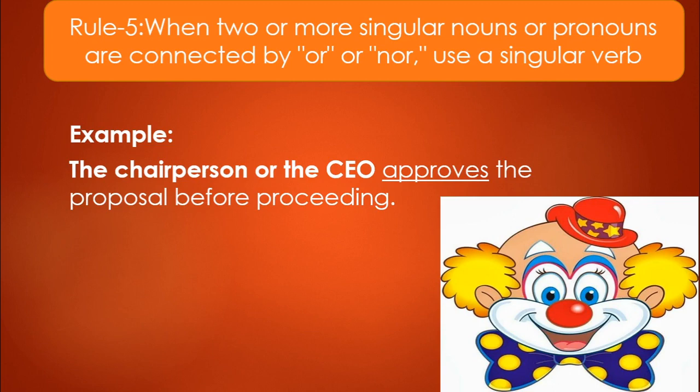So here the subjects, the chairperson and the CEO, are connected with or. So if a singular noun or pronoun connects with or, then you must use a singular verb. So we have used a singular verb approves here.